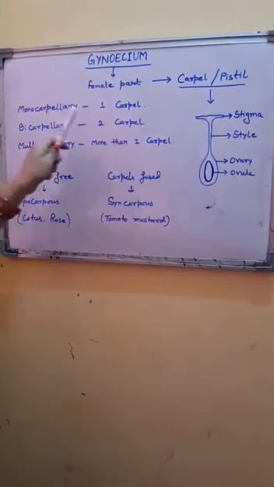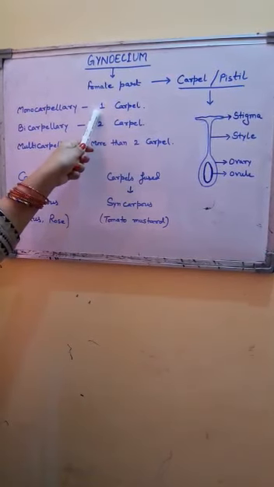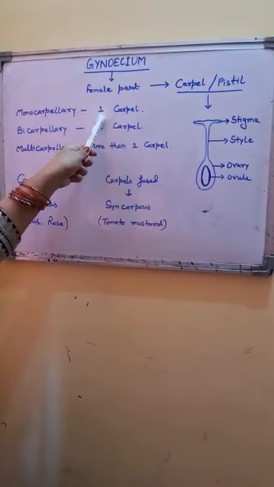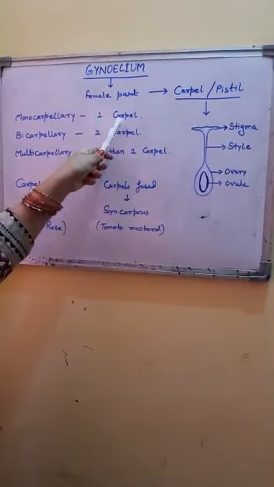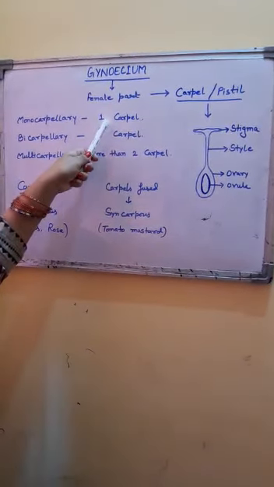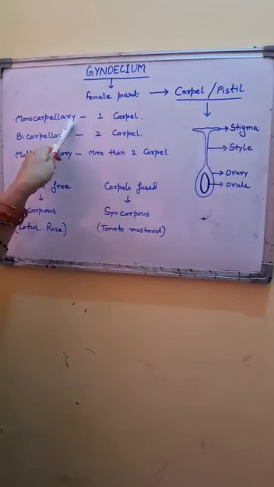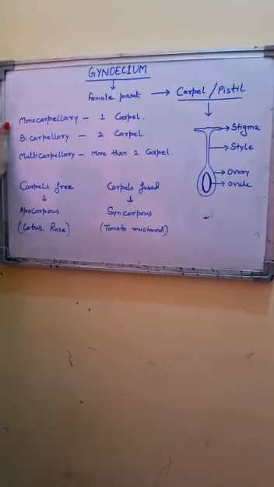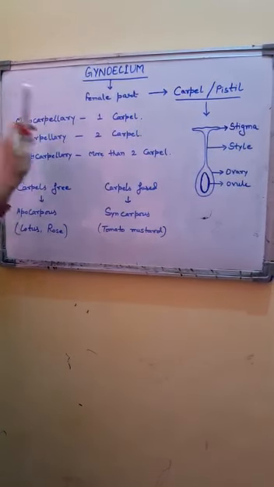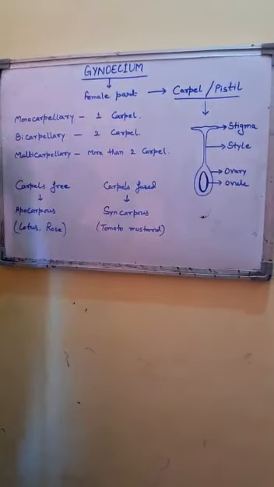If the gynoecium is made up of only one carpel, such a flower is called monocarpellary. Monocarpellary is a condition where the flower has a single carpel only.